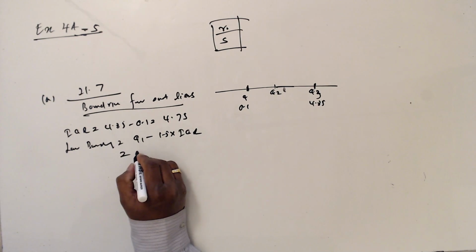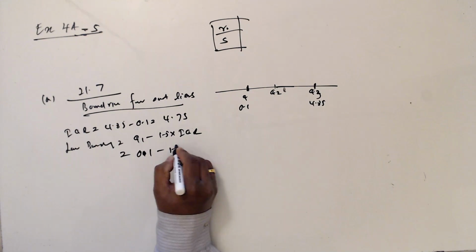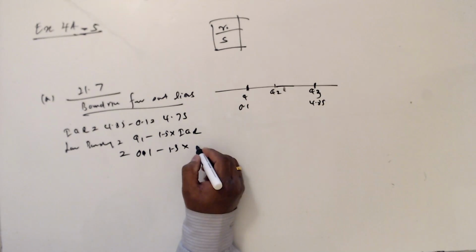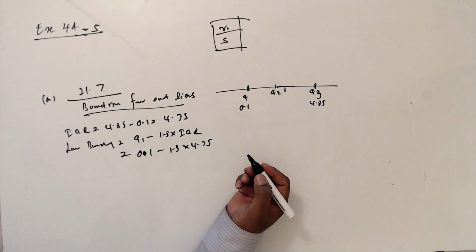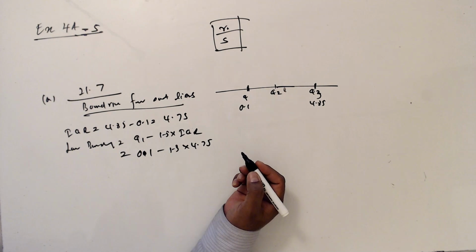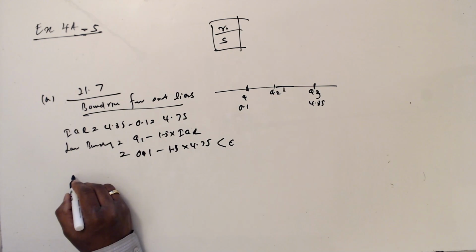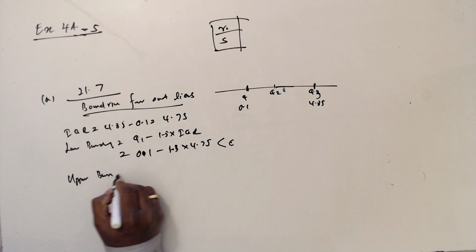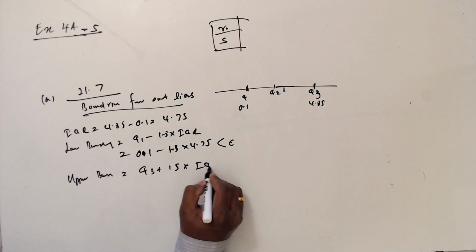So Q1 is 0.1 minus 1.5 times IQR, that is 4.75. So this is going to be less than 0. I'm not going to calculate that one. Then the upper boundary is Q3 plus 1.5 times IQR.